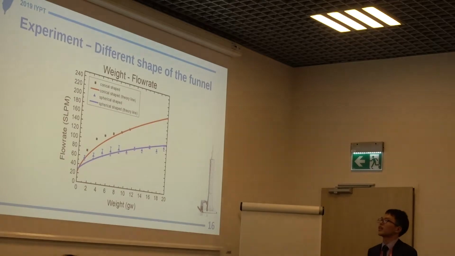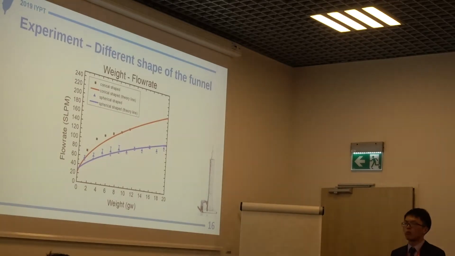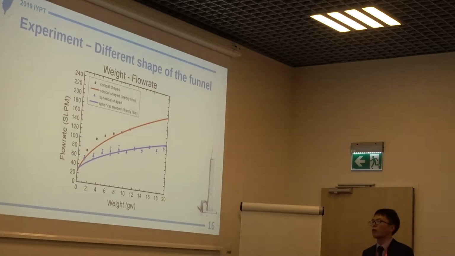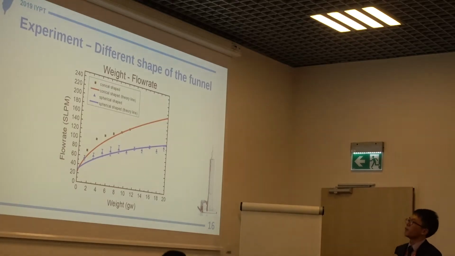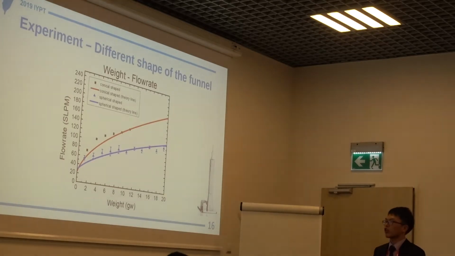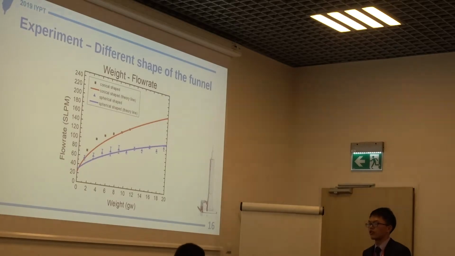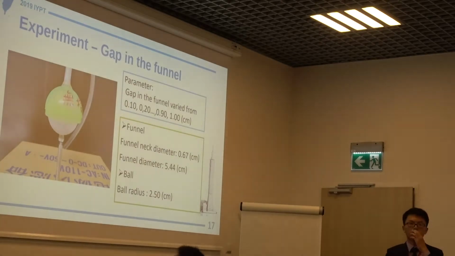This is because when the shape of the funnel is closer to the ball, the flow velocity becomes steadier inside the funnel. With a steadier flow velocity, our theory prediction is closer to our experimental results.